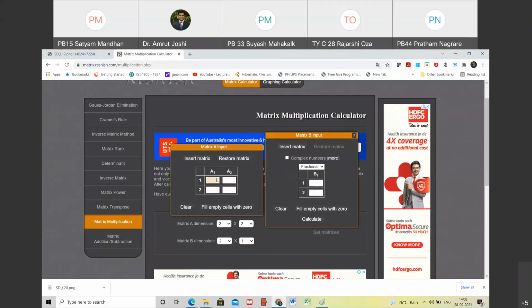Set matrix. Tell me the matrix. 0.5131, then 0.6727, then minus 0.5131, and then 0.3273.